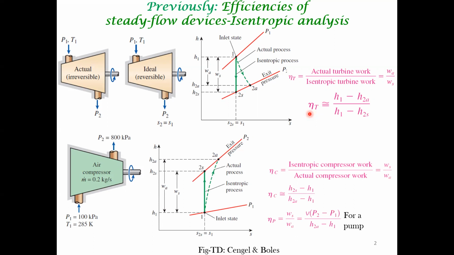So what is the minimal amount of work that needs to be incorporated into the system, either in a compressor or in a pump? But what is the actual compressor work in this case, or the pump work in this case? All right. So this gave us a measure of efficiency. That's what we looked at in the previous lecture.